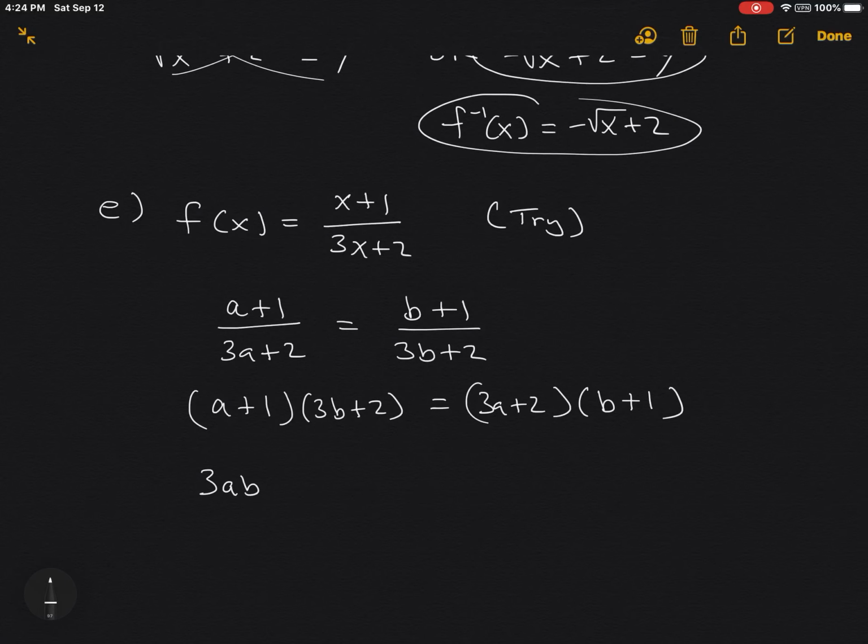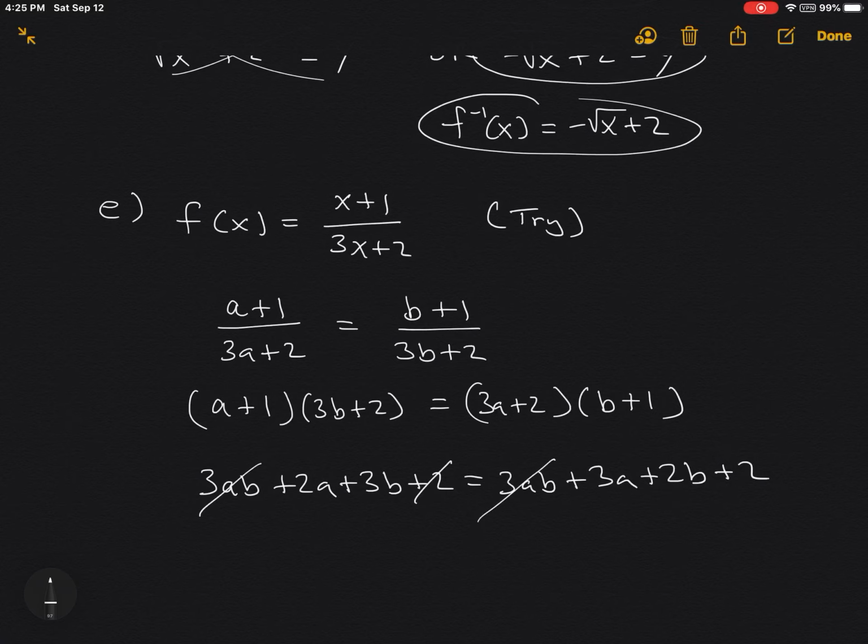Okay, so you're going to have to do a little foiling here. Let's do that. If I multiply over here, I'm going to get 3ab plus 2a plus 3b plus 2. So that's the left side FOILed. Over here on the right side, I'm going to get 3ab plus 3a plus 2b, and then plus 2.